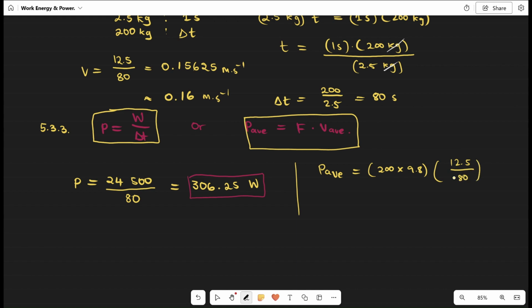If we type that into our calculators, this is 200 times 9.8 times 12.5, all of that divided by 80, which is the same thing, 306.25 watts.